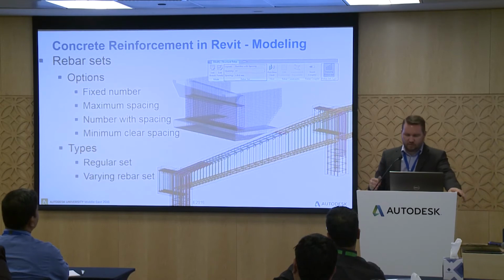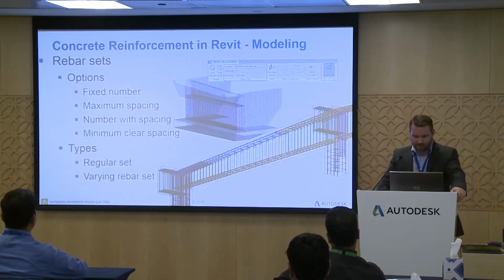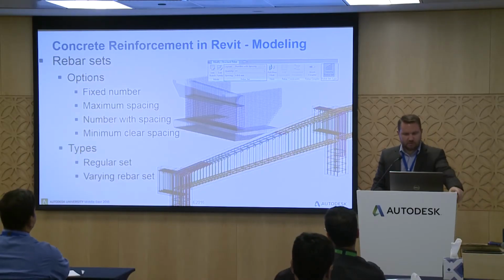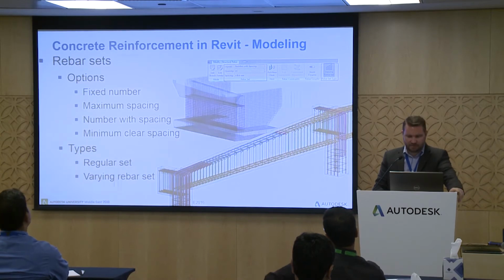So after, when you have done one, in fact, you have to know in the rebar set option if it's fixed number, maximum spacing, number with spacing, or minimum clearance. And since when you start drawing, you choose a formwork, column, beam, it will populate the element until the cover, okay? And after you can have a regular set or varying rebar set.